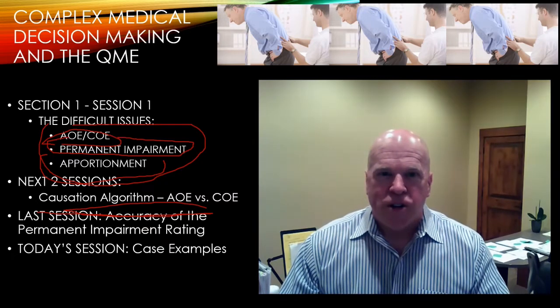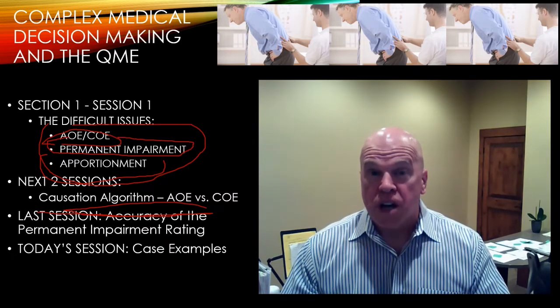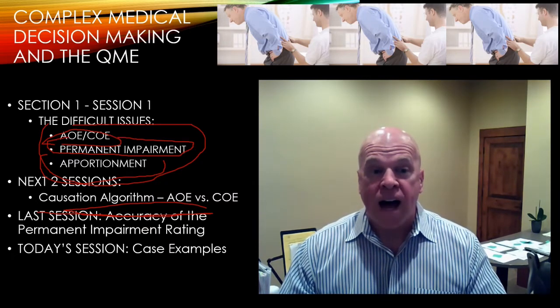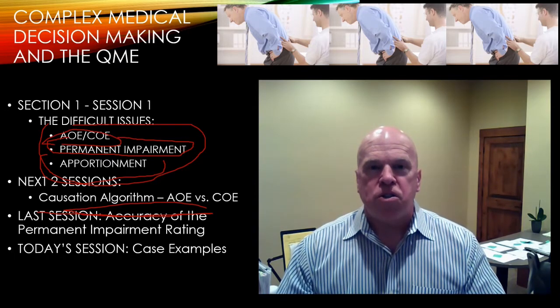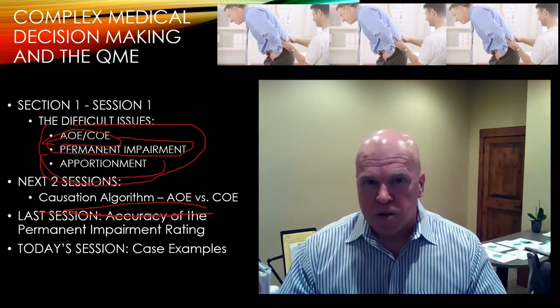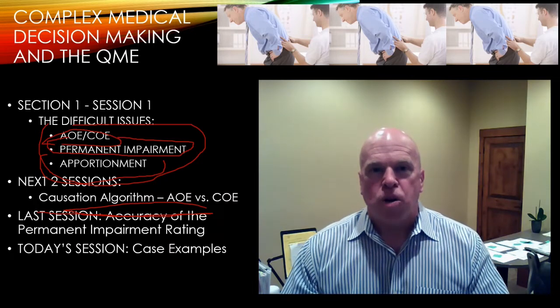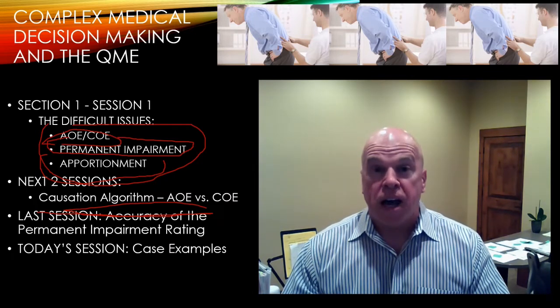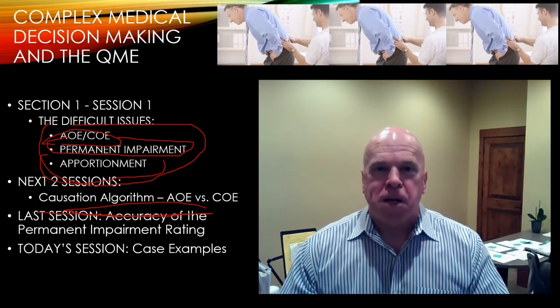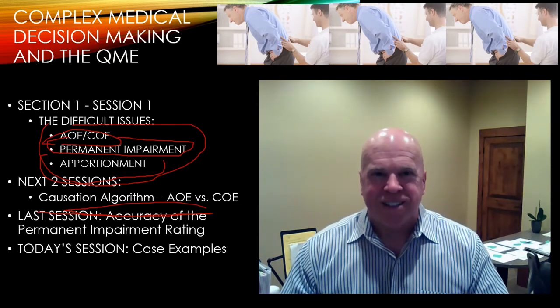So with that as our introduction, let's begin today's discussion, which is session number 5 of our new series entitled Complex Medical Decision Making and the QME, and today we're concerned with the accuracy of the permanent impairment ratings. Okay, so let's begin.